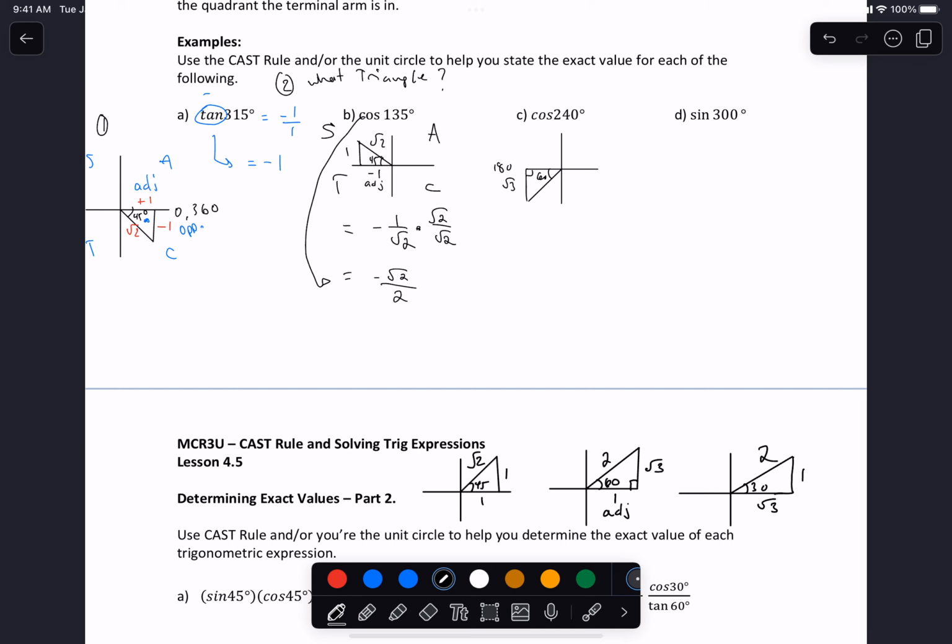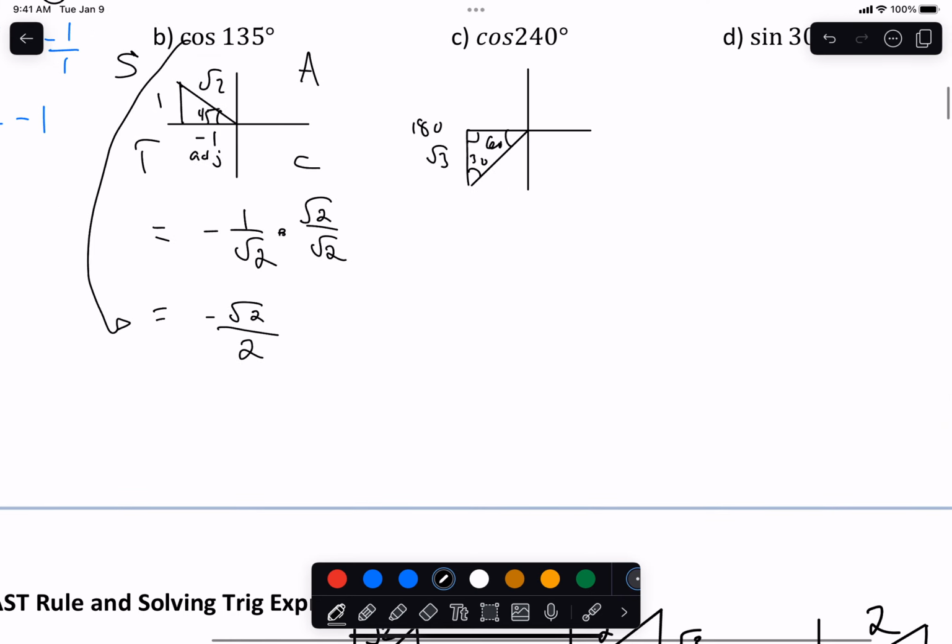And if you are new to this, or something maybe you haven't realized coming from grade 10 math, the reason the hypotenuse is always the biggest side length is because it's opposite the biggest angle in the triangle. The biggest angle in that 30, 60, 90 triangle is the 90.